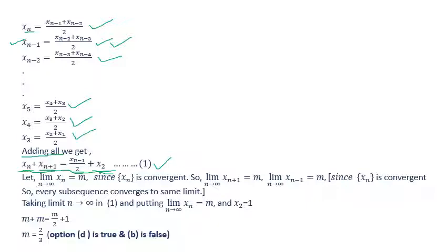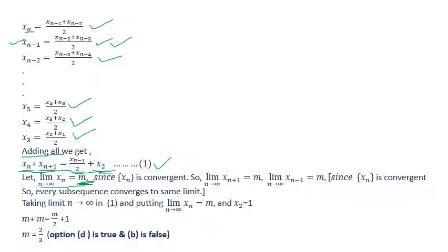Next, let the limit as n tends to infinity of xn equal m, and here I am considering this limit as m because the sequence xn is a convergent sequence, which I have already proved. The sequence xn is a Cauchy sequence, therefore it is a convergent sequence, so it converges to a unique limit, and here I am taking that limit as m, right?